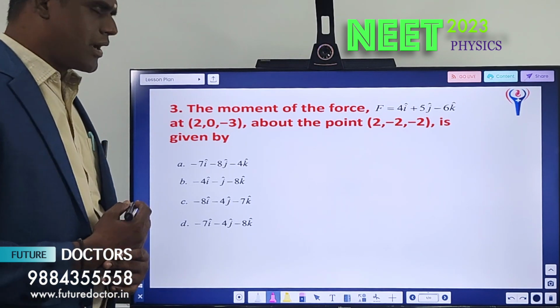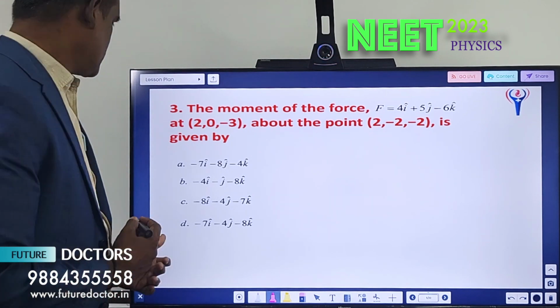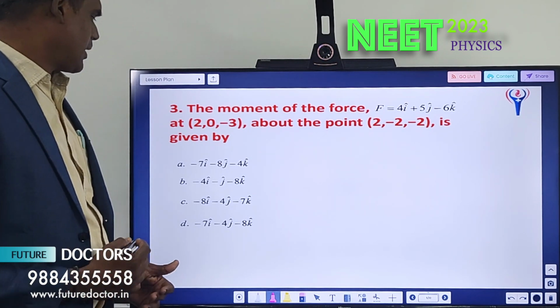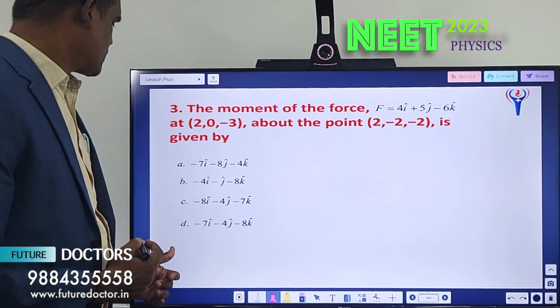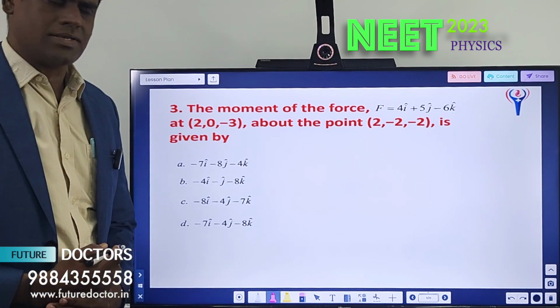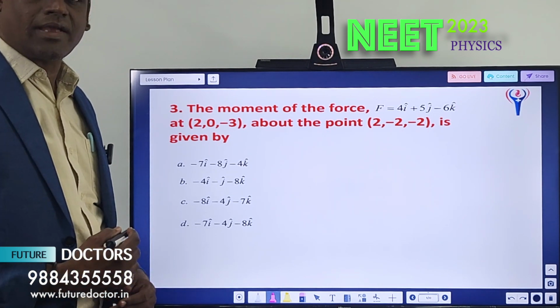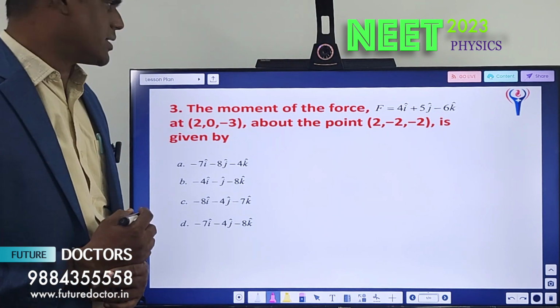B: minus 4 i cap minus j cap minus 8 k cap. C: minus 8 i cap minus 4 j cap minus 7 k cap. D: minus 7 i cap minus 4 j cap minus 8 k cap. Here i, j, k are the unit vectors along x, y and z axis.